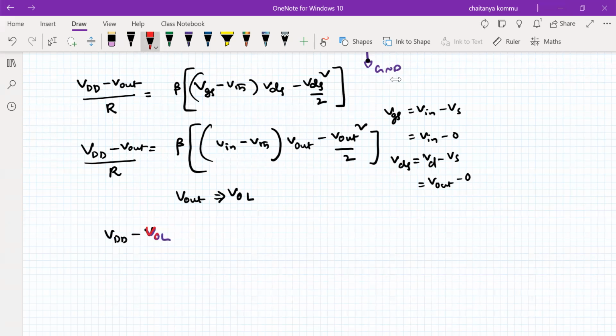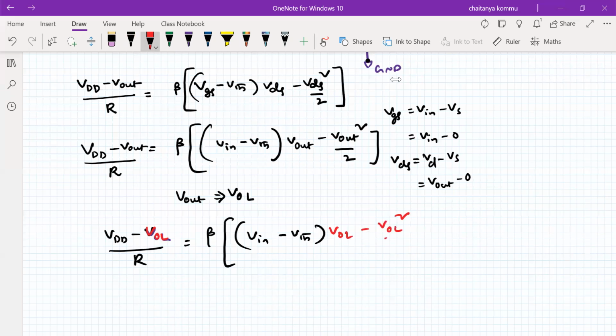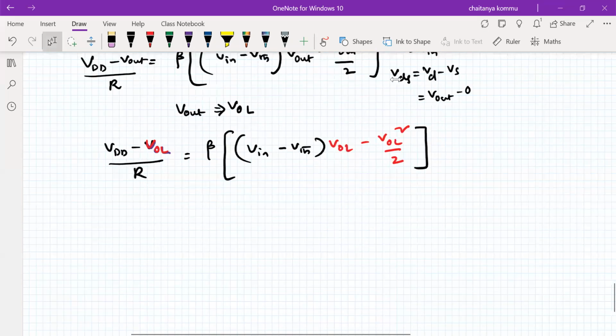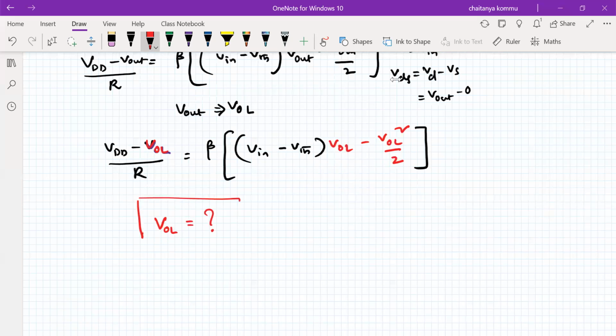Divided by R is equal to beta multiplied by VIN minus VTH multiplied with VOL minus VOL square divided by 2. Find out what the VOL is here. Consider it a homework. What is the value of VOL from this equation?